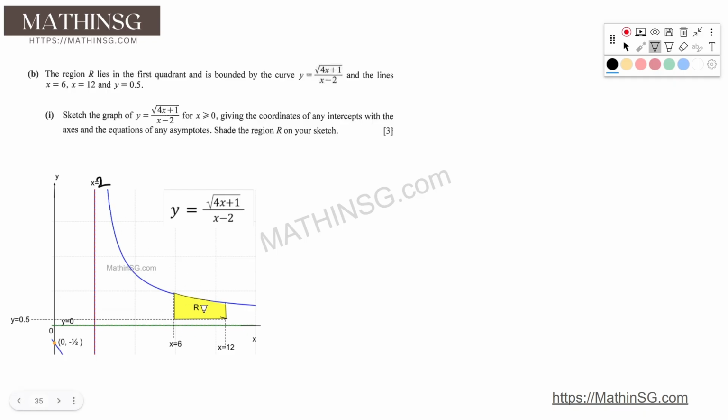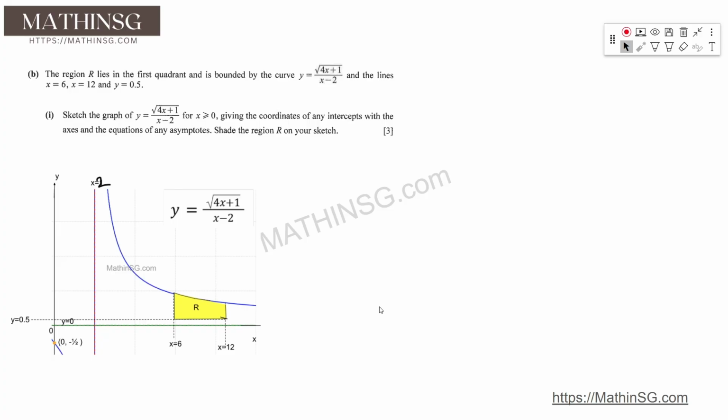Then I have these curves here. Then I want the area bounded by this curve, the lines x equals 6, which is here, x equals 12, and y equals 0.5. So this is R, the area that I am interested in. I've already done the sketch and shown the region R that we are interested in.